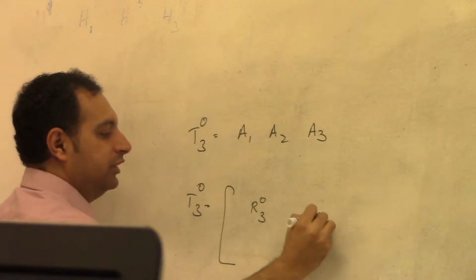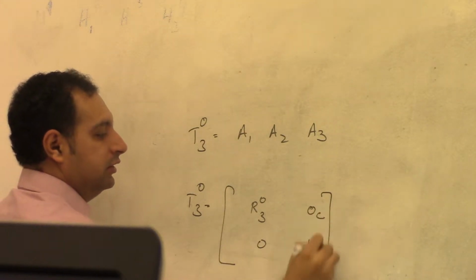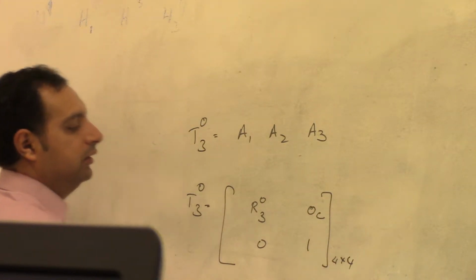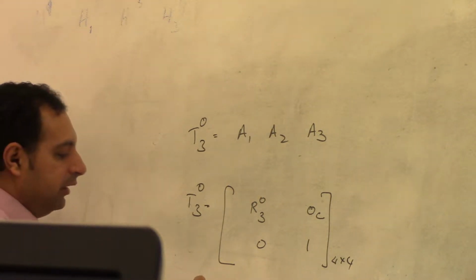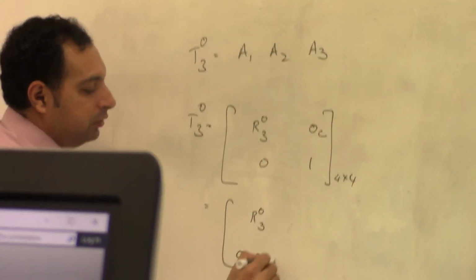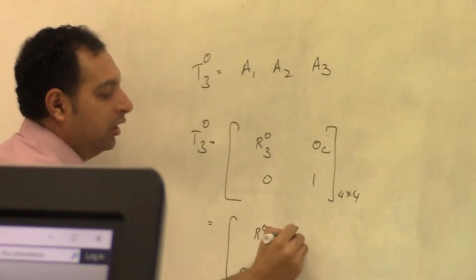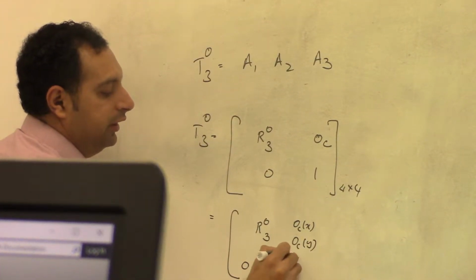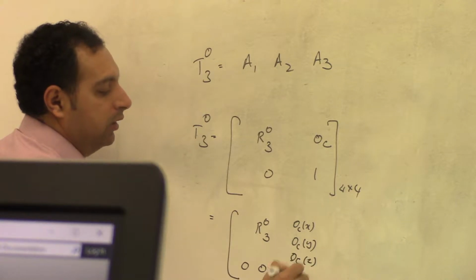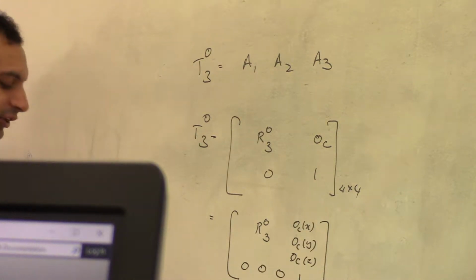Here we'll have OC 0, 1. This is a 4x4 matrix. Or in other words, this will be equal to R03, 0, 0, 0. Here you will have OC of X, OC of Y, OC of Z, and 1. This is your R03. This is what we need to extract from here.